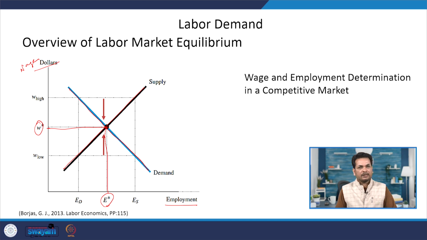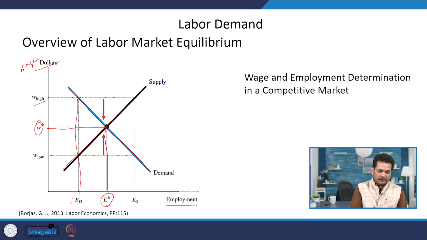Now, if at any point of time the wage is much higher than this W star market clearing wage rate, then what happens in the labor market? The demand for labor is ED: that amount of labor is demanded by the firm at this high wage rate, whereas at this high wage rate ES amount of workers are ready to supply their labor hours.